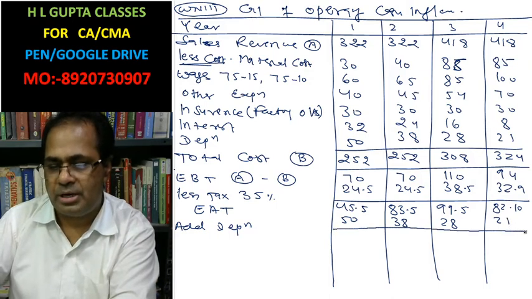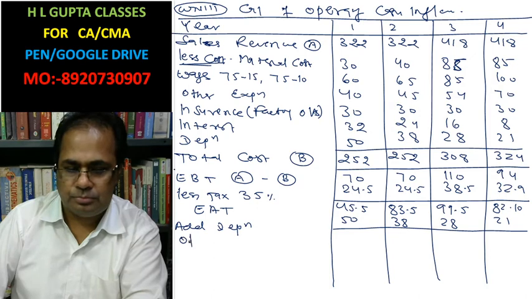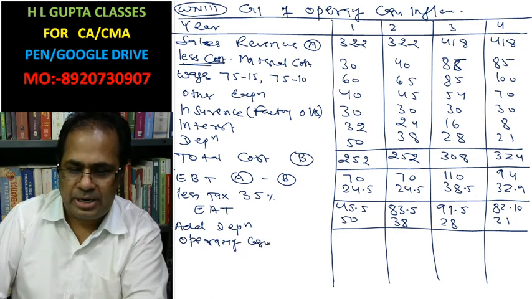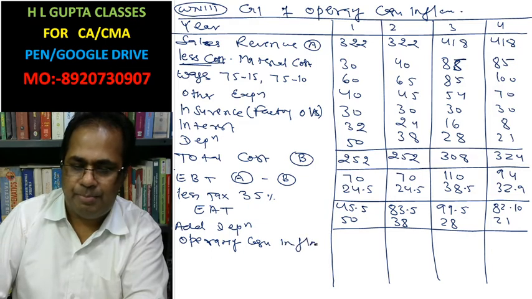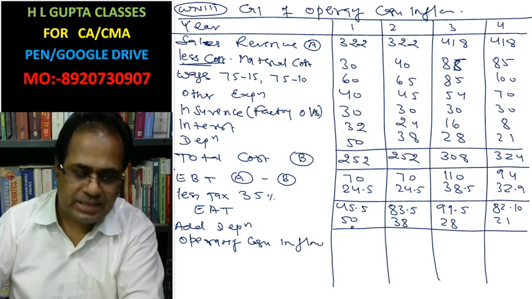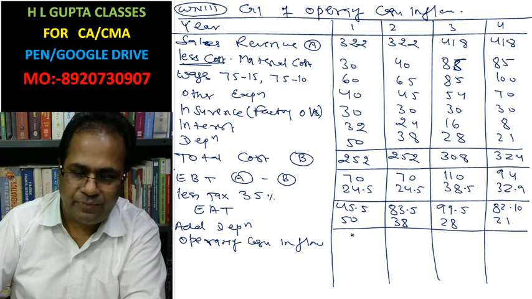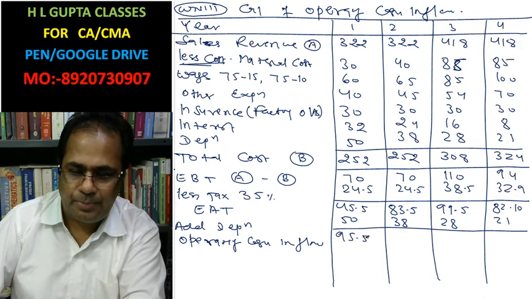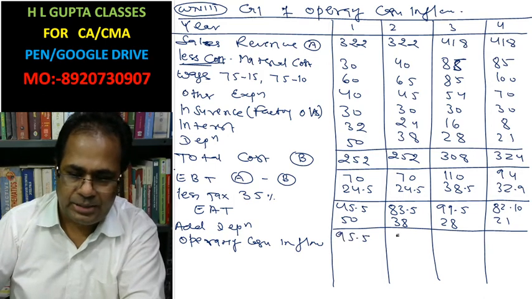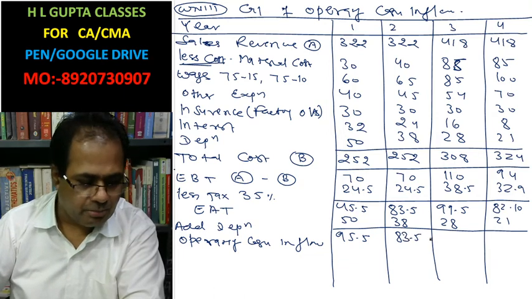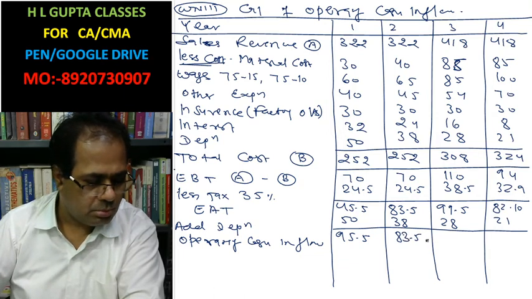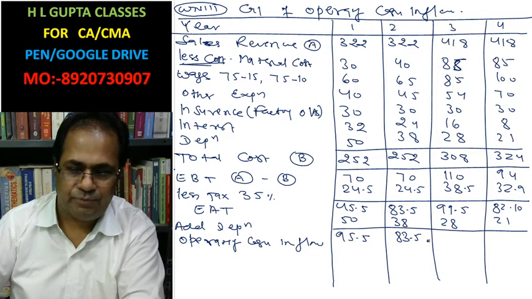Now operating cash inflow. Operating cash inflow you have: 95.5, 83.5, 99.5, 82.1.